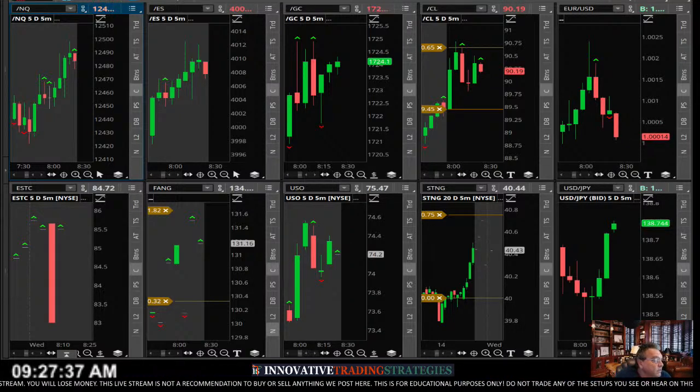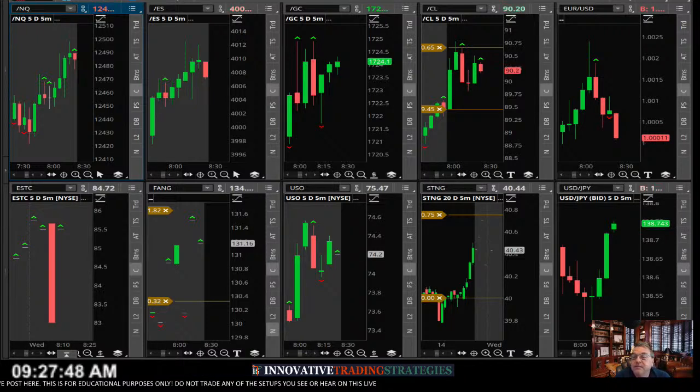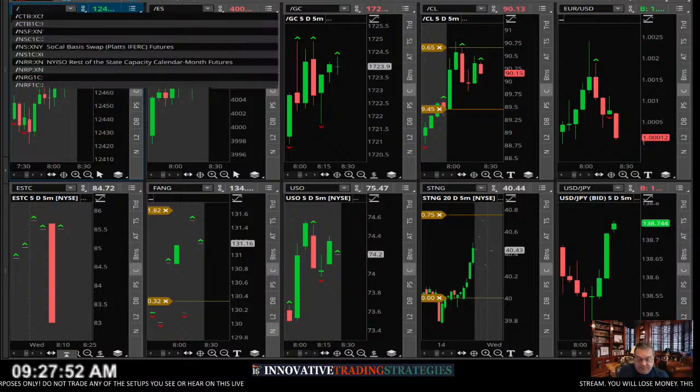So anyway, I'm sitting here right now waiting for FANG to come up, seeing if STNG is going to come up and hit target. Crude is in a short right now, already out of the NQ. Let's take a look at RTY.